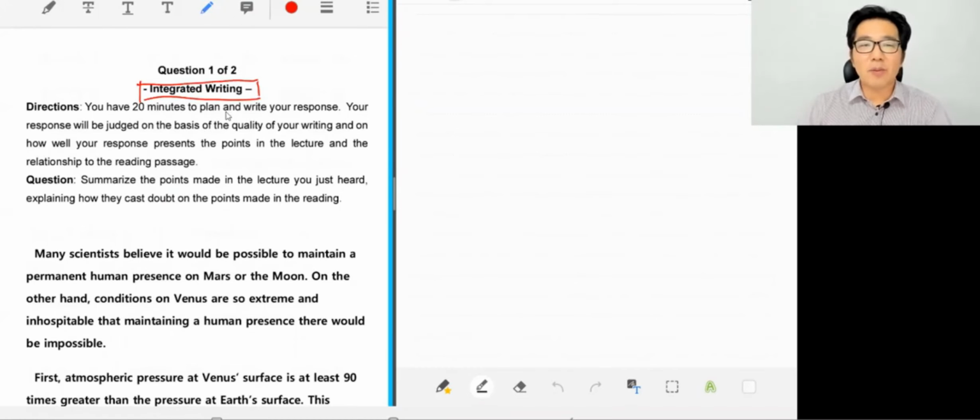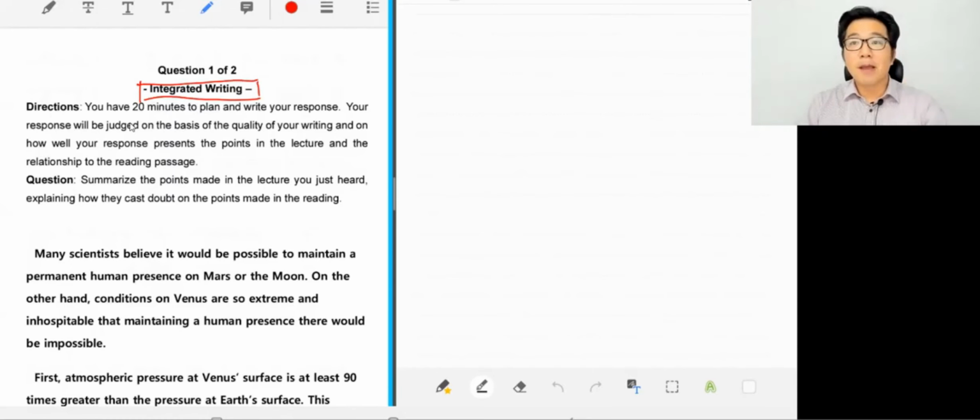Most of you by now may be familiar with the format of this question, but just in case some of you are not familiar with the integrated writing test yet, or even if it's your first time watching an integrated writing video, I'll cover the direction, question, and the format of this task really quickly.